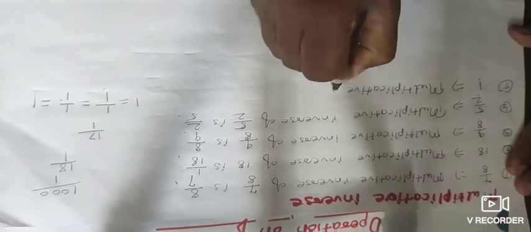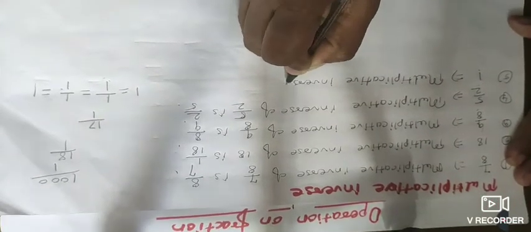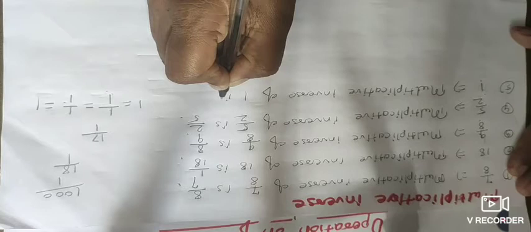So we have to write it this way: the multiplicative inverse of 1 is 1. Okay, this type of question is asked in the exam.